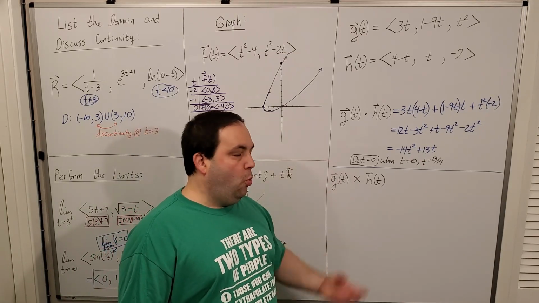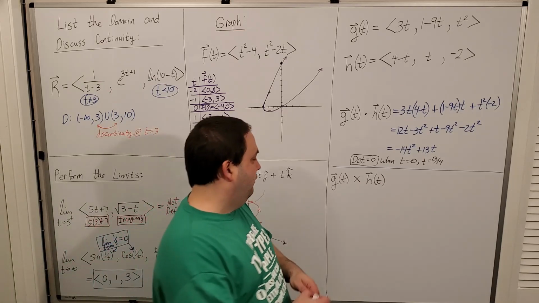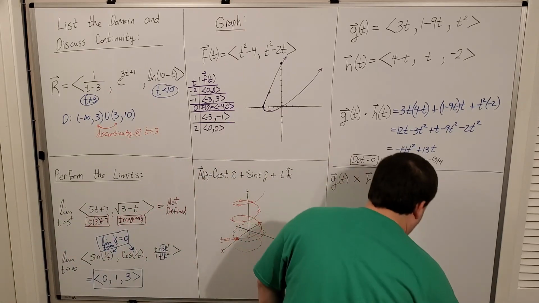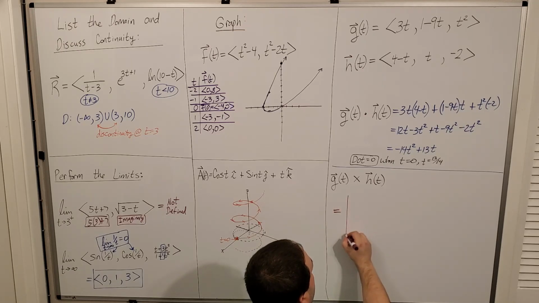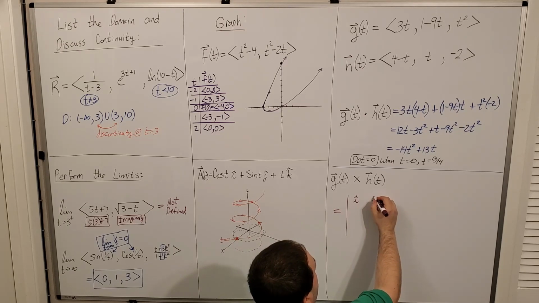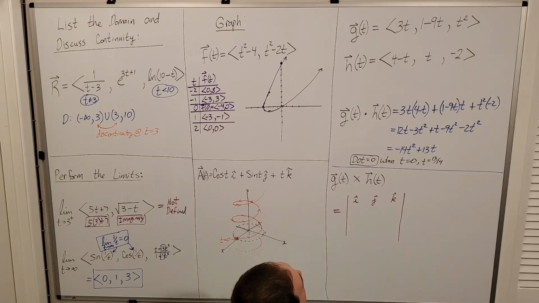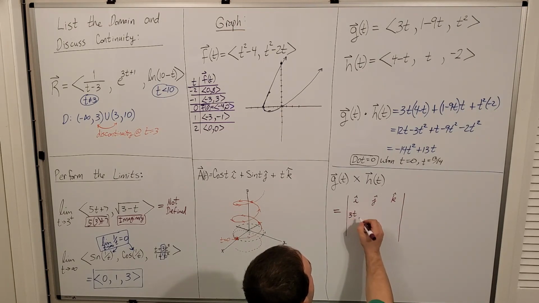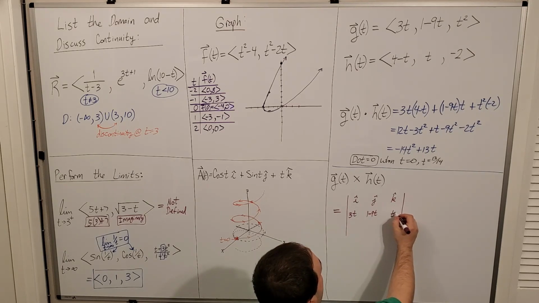Cross product works exactly the same way as you've seen. To do the cross product of these two, I'm simply going to set them up in that determinant with i, j, and k. The g function is 3t, 1 minus 9t, and t squared.